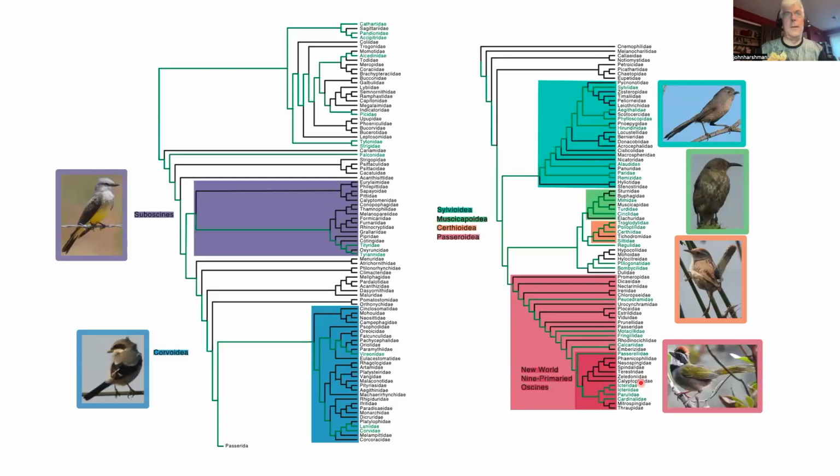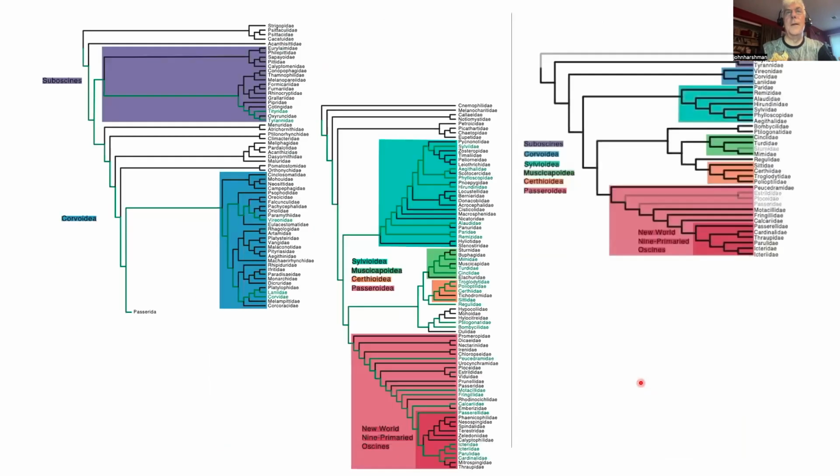That's North America, the US. This is the same bunch of superfamilies spread out over the world. And you can see that there's a whole lot more families than are found in North America. Let's do a quick comparison. On the left, the passerines of the world.